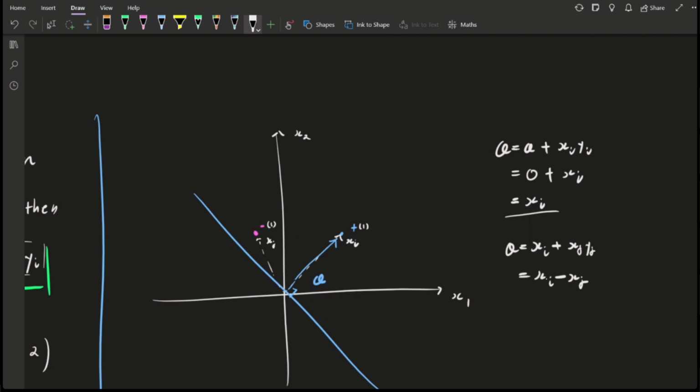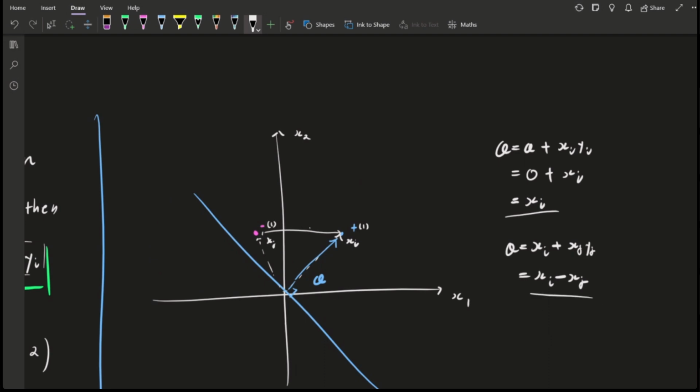Okay, and xi minus xj, pretty sure Alistair would have talked about this during Wednesday's lesson. It's basically like a vector that's between these two, right? You're taking from, yeah, basically that's what the subtraction is doing.